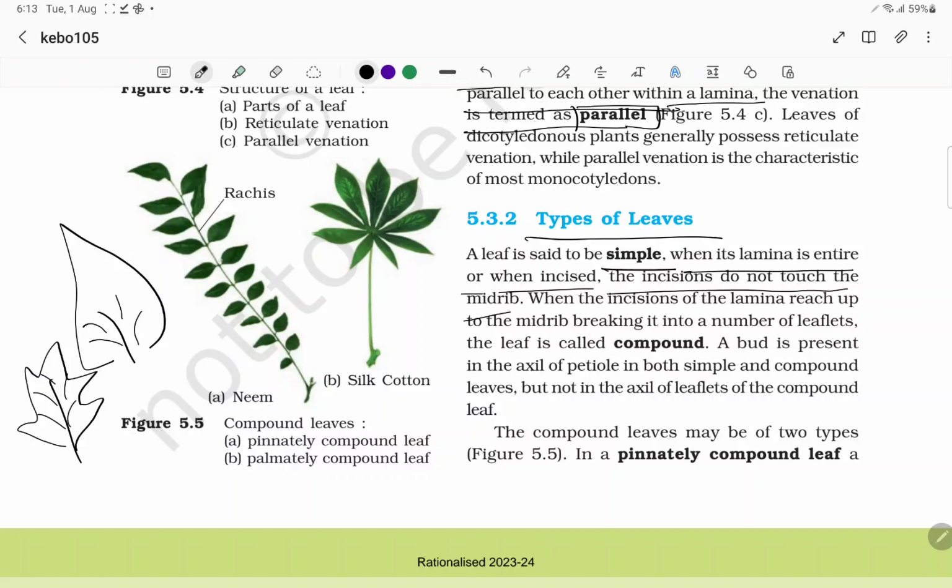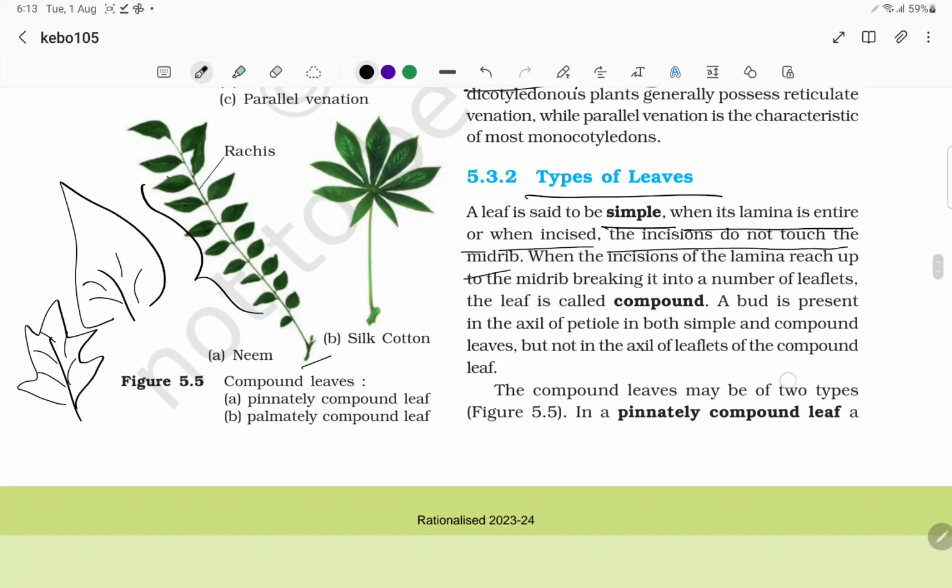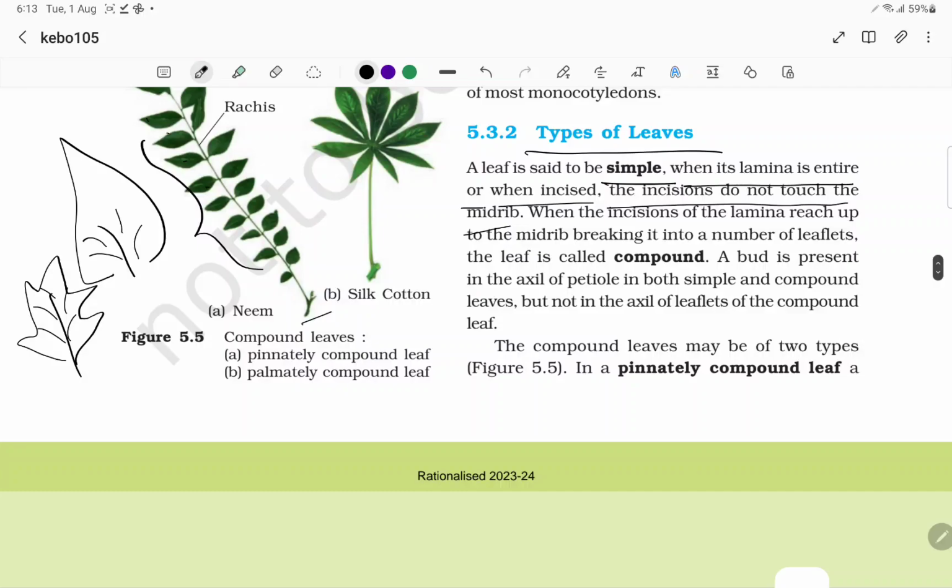But when you see a leaf like this, we call that a compound leaf, when the incisions extend up to the midrib, breaking it into leaflets. You can see separate leaflets, right? We call this a compound leaf. A bud is present in the axil of the petiole in both simple as well as compound leaves.